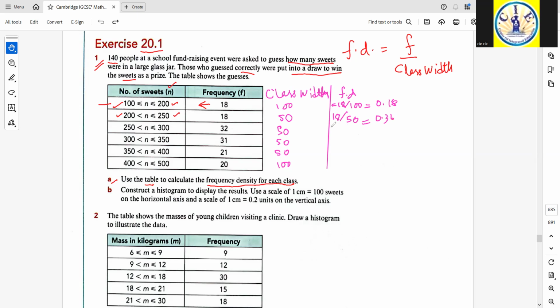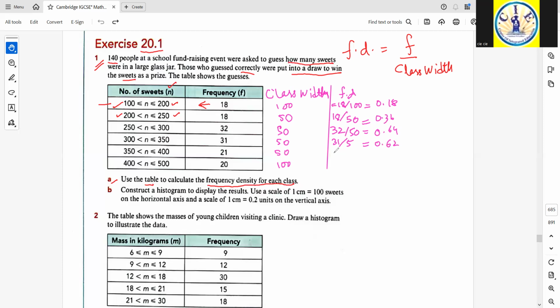Similarly, this is 32, the frequency, and its width is 50. So that will give me 32 divided by 50, 0.64. Now 31 divided by 50. That will be 0.62.